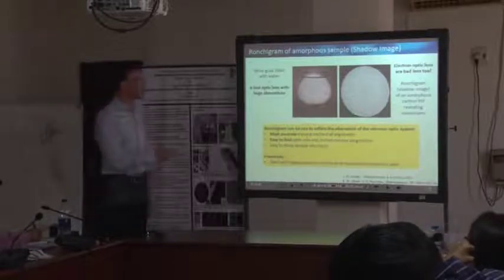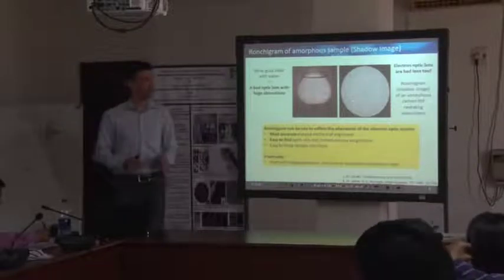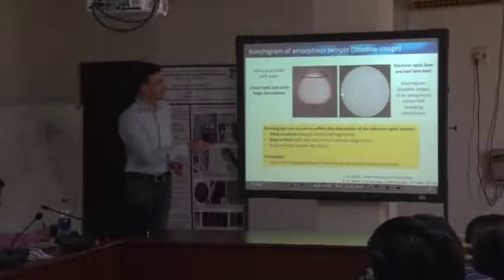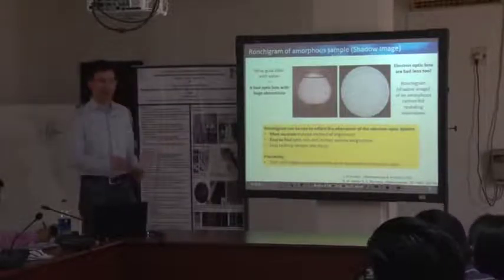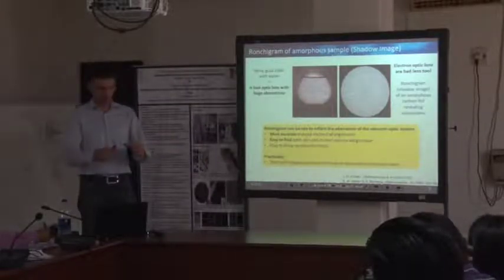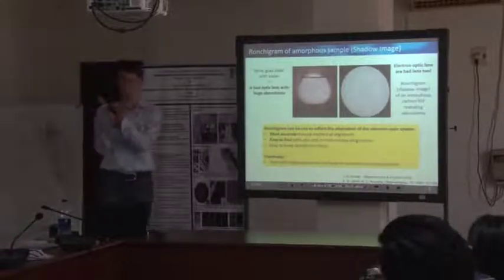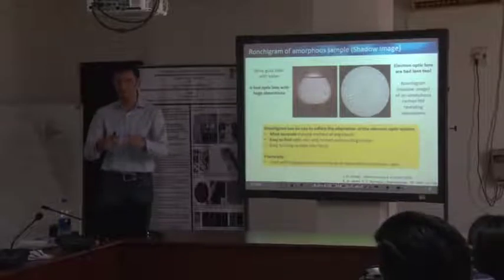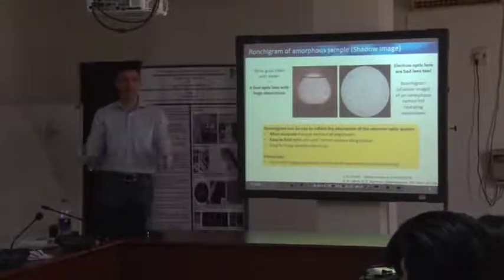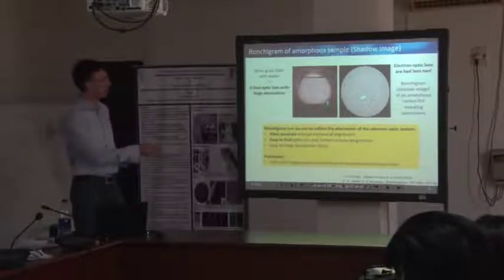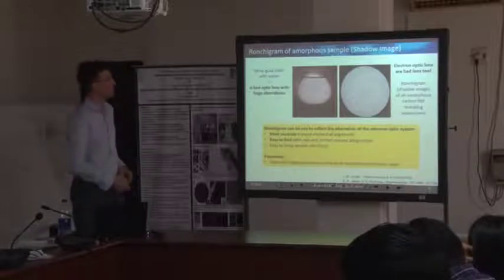So this is what you see in your microscope on your viewing screen, in principle. It's the shadow image of our sample. This is the central disk. It's a disk on our screen because we are in diffraction mode. We provide a probe with a certain convergence angle, so we see a disk in our diffraction pattern consisting of disks. The size of the disk depends on the size of the aperture that we use.